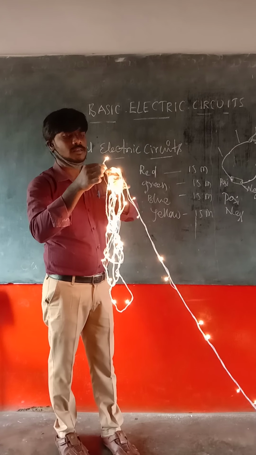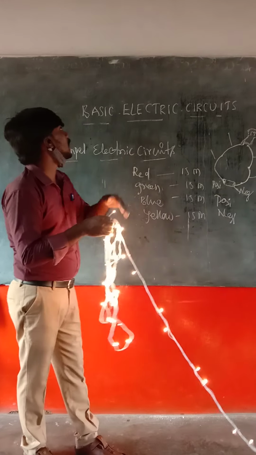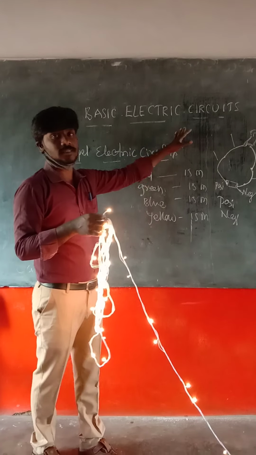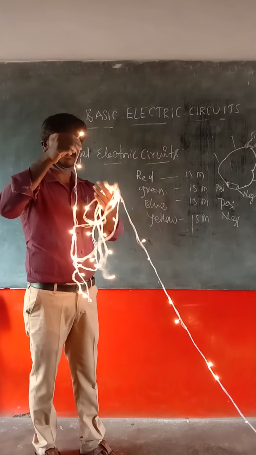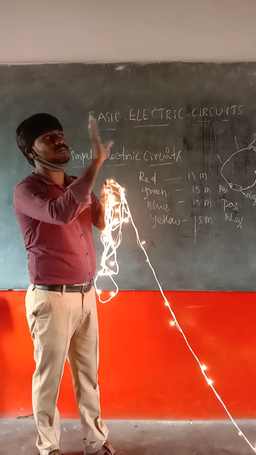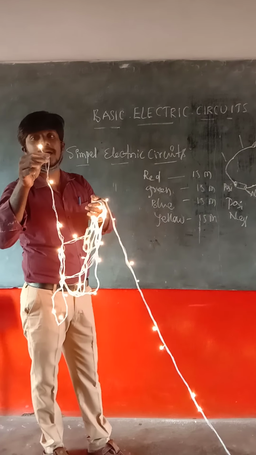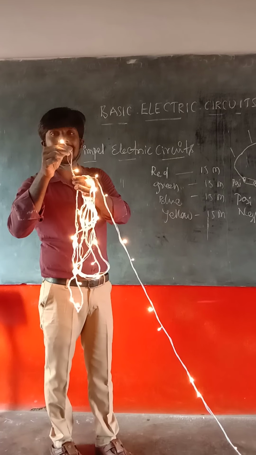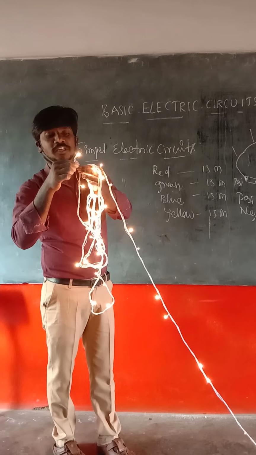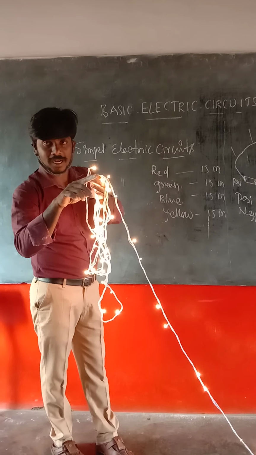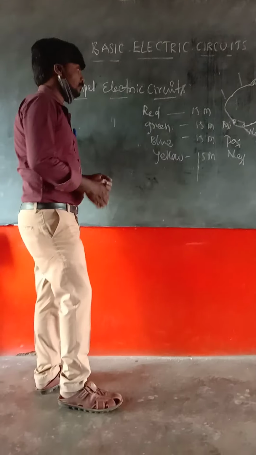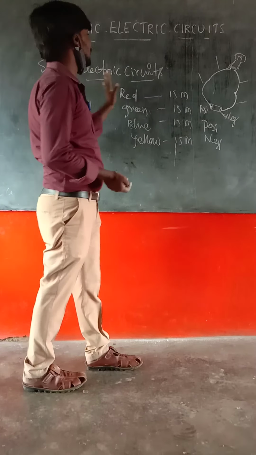So this is the simple electronic circuit or basic electric circuit. To pass the flow of the power, or electricity, or electrons, one is the positive terminal and the second one is the negative terminal. So that is a simple electric circuit.